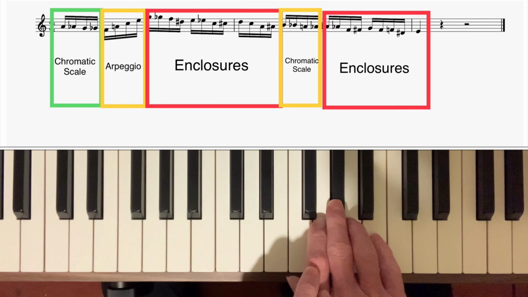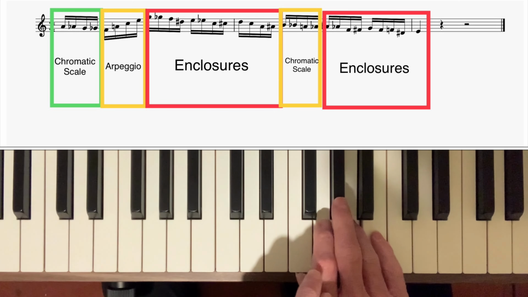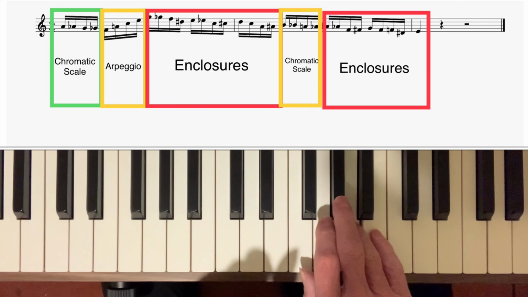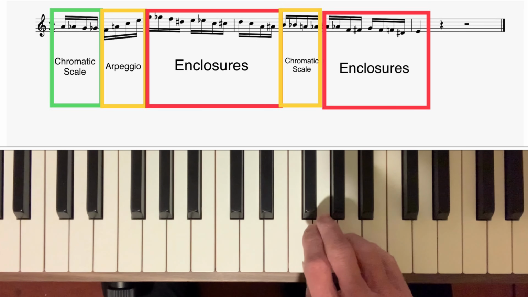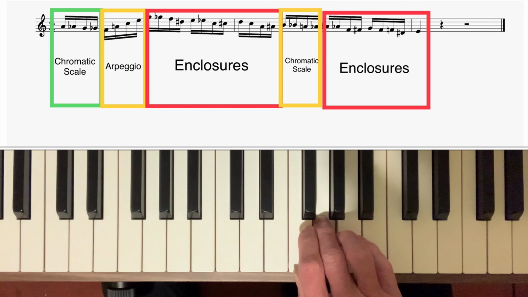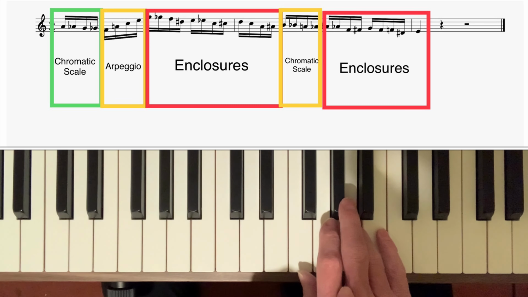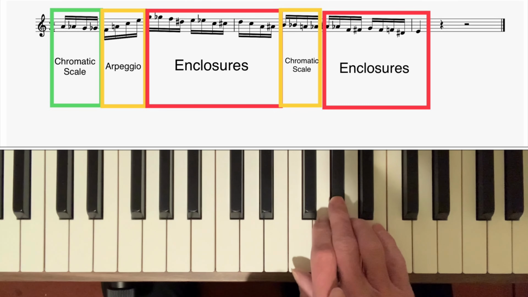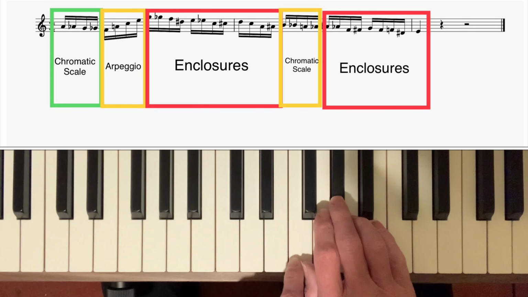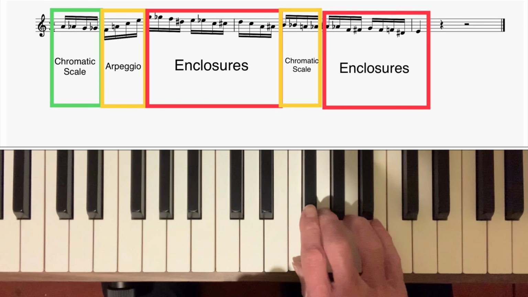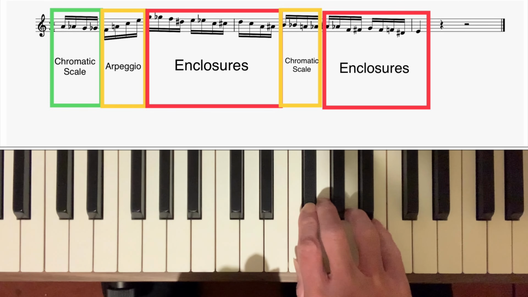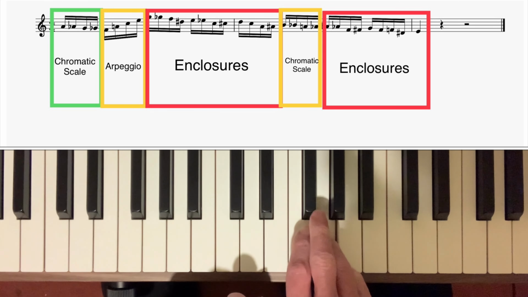I went back to A, so that I could play yet another enclosure around the note G on beat 4. So I went A, that's the diatonic note above G, down a semitone to A flat. Then I went to F, the diatonic note just below G, then F sharp, finally landed on G on beat 4.